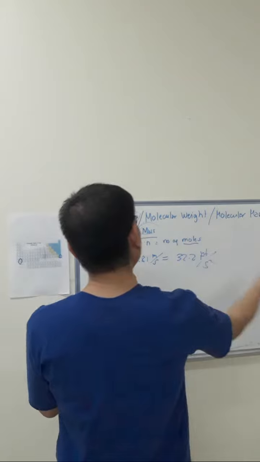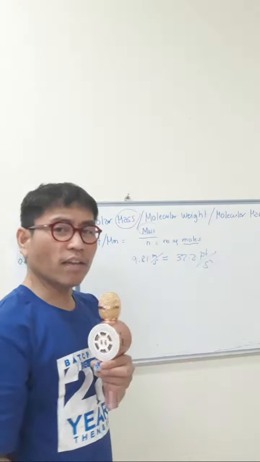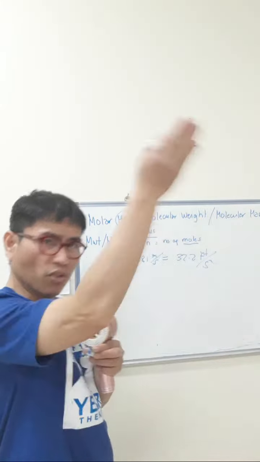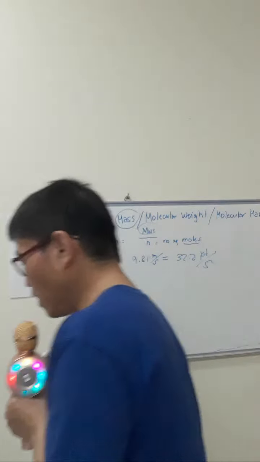Memorize this because I memorized this since high school, and you can bring that and level it up in your college until graduation and until the board examination. Get the point? That's acceleration due to gravity.